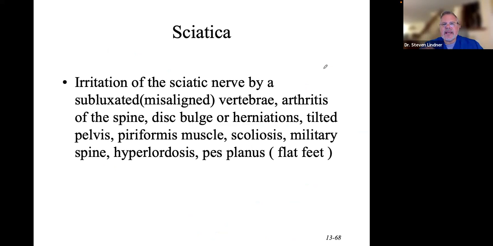I did mention sciatica in a previous short video. It's irritation to the sciatic nerve that can be caused by a misaligned vertebrae. Arthritis, like degeneration of the bones, where we get bone spurs that are called osteophytes. Disc herniations or disc bulges, because discs can put pressure on nerves. And if there's an issue at L4 or L5 nerve roots, that can cause sciatica.